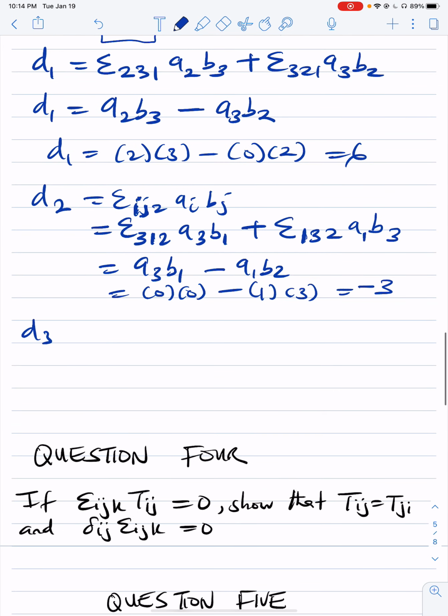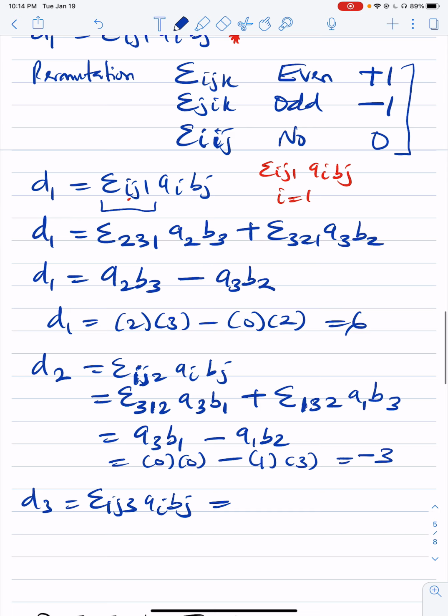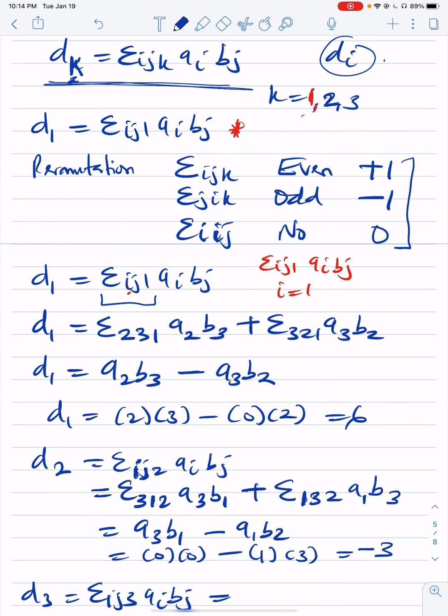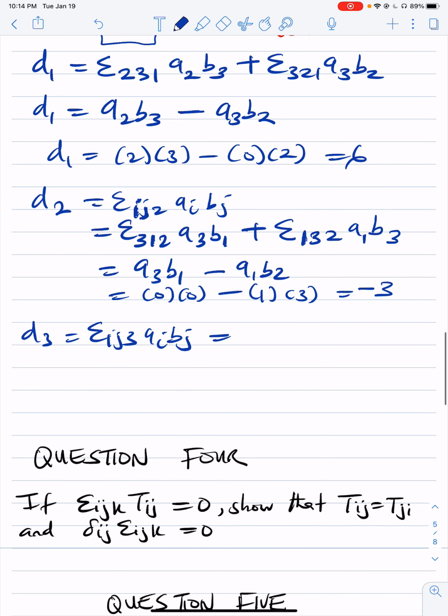Similarly for D3, epsilon_ij3 A_i B_j, right? Because if you look at the value of K here, you replace this K with 3, right? So it's epsilon_ij3. If I is 1, let's assume I is 1, then J naturally should be 2, right? 1, 2, 3. Because if J is 1, it's 0, if it's 3, it's 0.